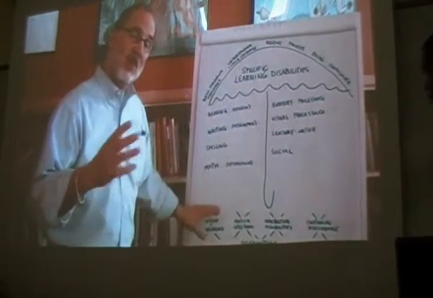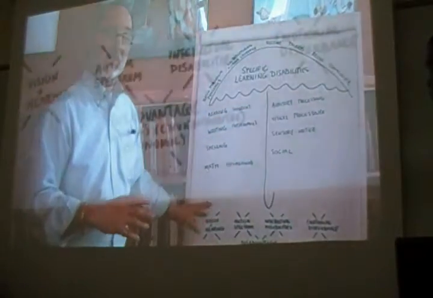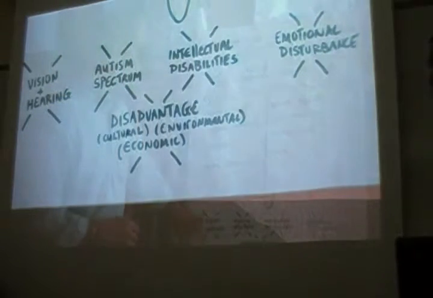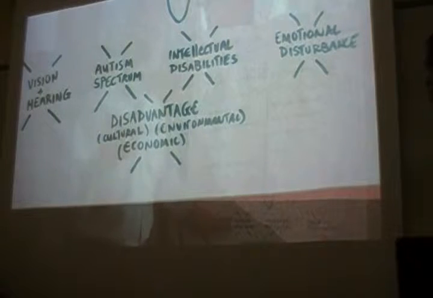I need to also say that learning disabilities are not the result of poor vision or poor hearing. They're also not the same as children who have difficulties on the autistic spectrum. They're not the same as intellectual disabilities, the term we formally used, mental retardation.